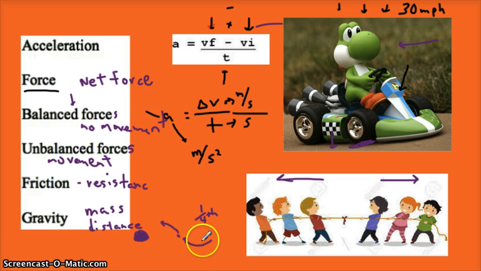Say it were to be triple the distance. If you were to triple the distance instead of double the distance, it would be 1/9 of the gravitational pull that it previously had. So distance really does mean a lot as far as gravity goes.